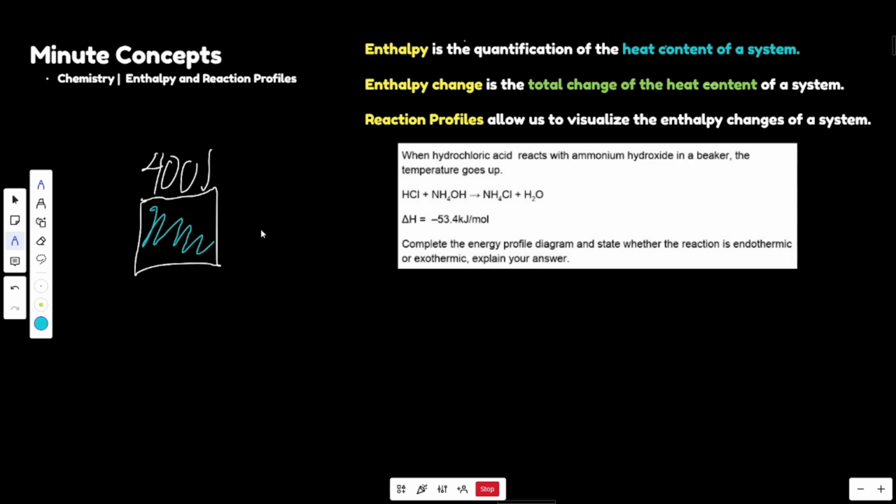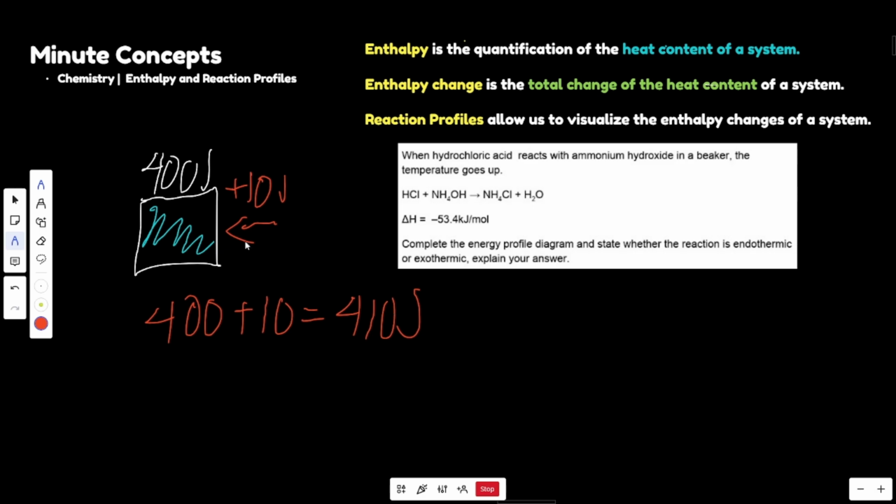So let's say that there's heat added to the system with the magnitude of, let's say, 10 joules. There was 10 joules of heat added. So now, the system will gain energy. It will go from 400 joules, we'll add 10. Our new system's total energy would be 410 joules.